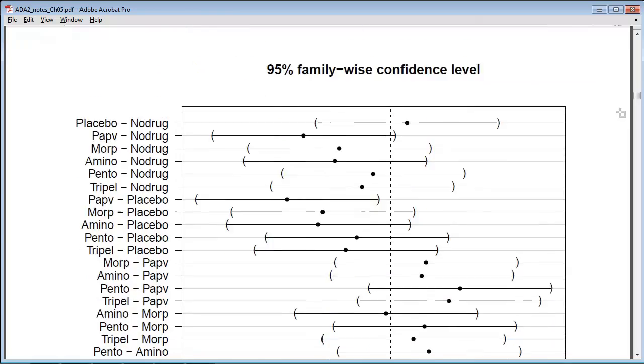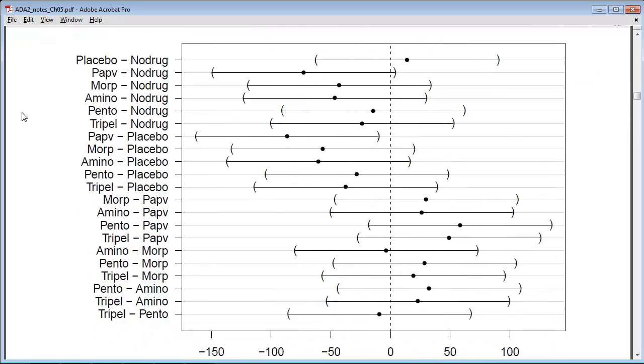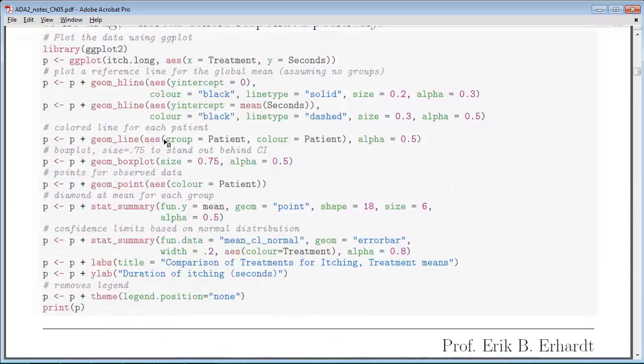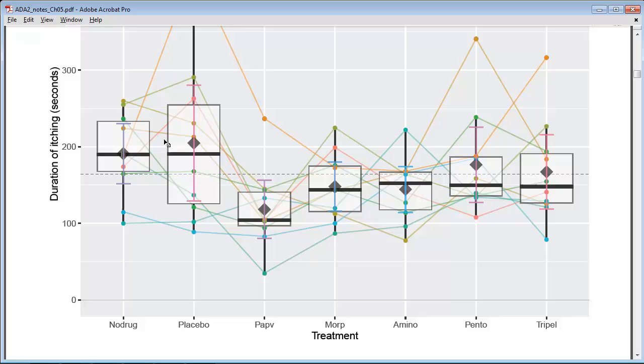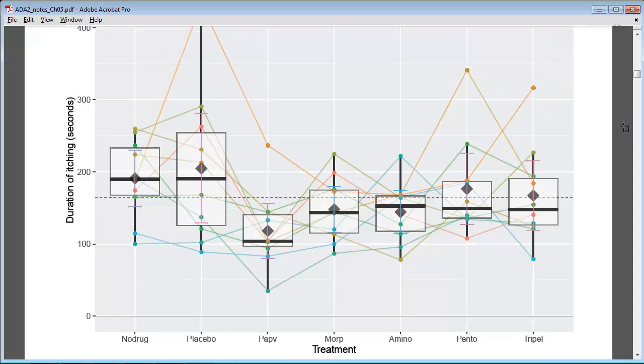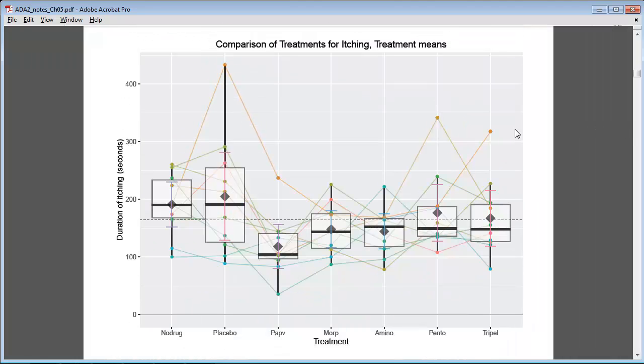For example, when we saw that the PAP-V versus the placebo were different, the mean for the placebo, if I scroll up to the original data, or the plot of the data, remember this is one big outlier up here at the top. And so this mean for the placebo is being drawn up because of that extreme observation.